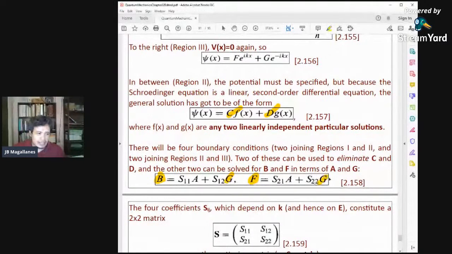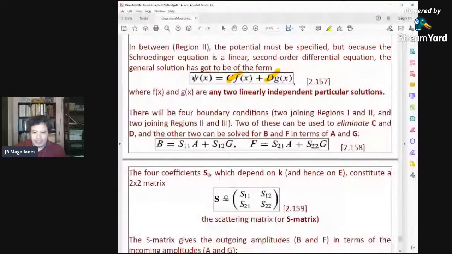So we generalize that G is not 0, but we can set G equal to 0 if we have a specific case where there's no wave coming from the right. But in this case, we allow two incident waves, two incident wave functions.